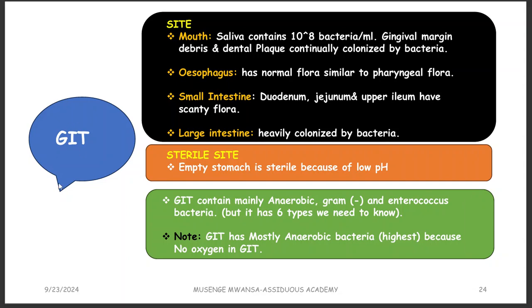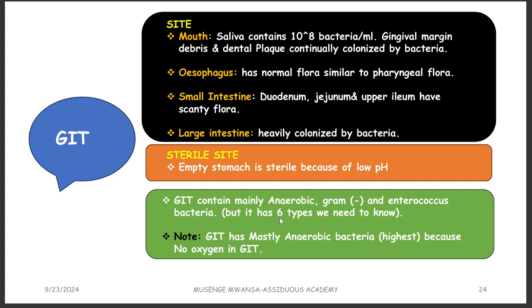And then the GIT, where you have got bacteria: the mouth, the esophagus, small intestine, and the large intestine. Okay. So the stomach is sterile because it has got the acid. So the acid kills the bacteria.